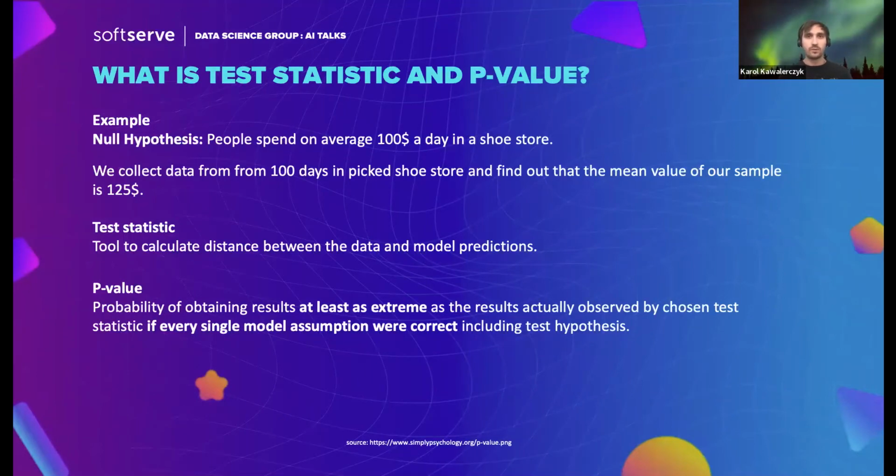There are two crucial parts about this definition. The first one is "at least as extreme." It's often missed, often not thought about, but it makes you think a bit differently about your hypothesis. And the second part is "if every single model assumption were correct."